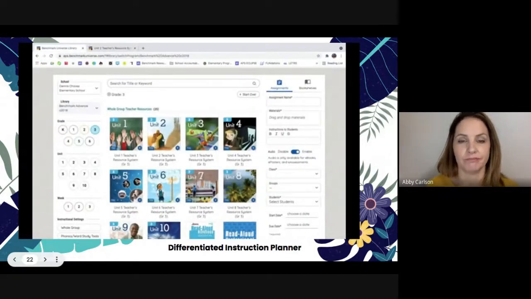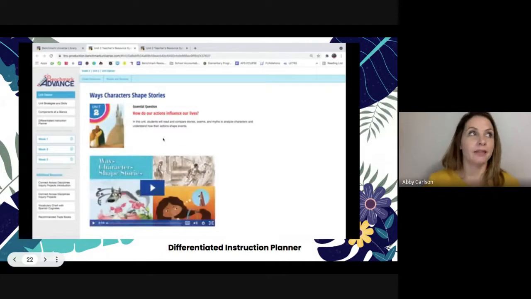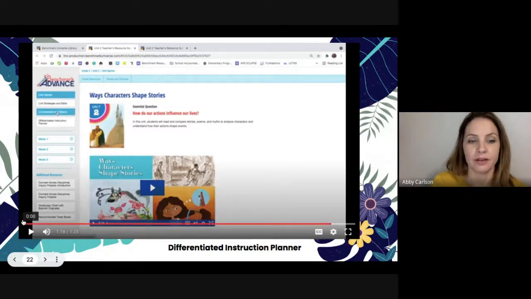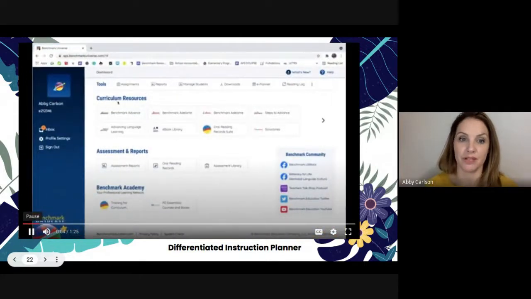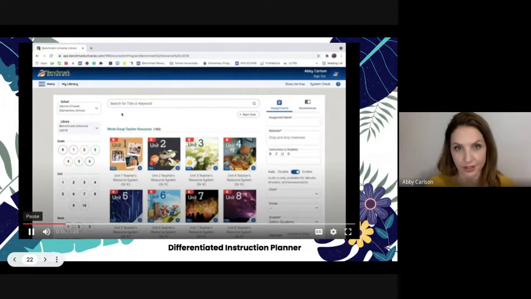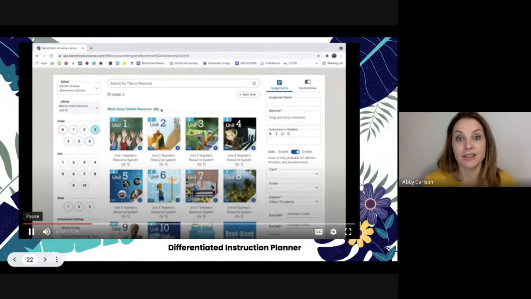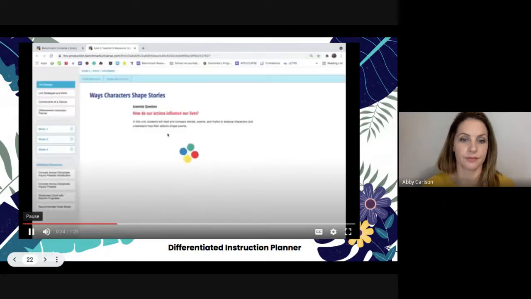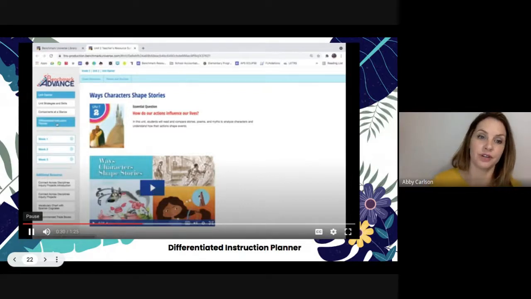So I want to give you a moment to go ahead and visit the Differentiated Instructional Planner. At this point in the year, you might be on Unit 4. So I'll go ahead and start this again from the beginning. And if you want to navigate away from this meet, go to your Benchmark Advance, select your grade level, select your unit, and over on the left side is where you'll find the Differentiated Instructional Planner.